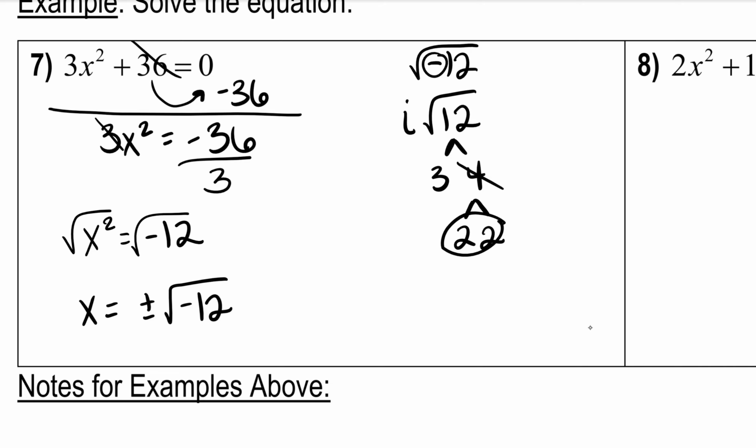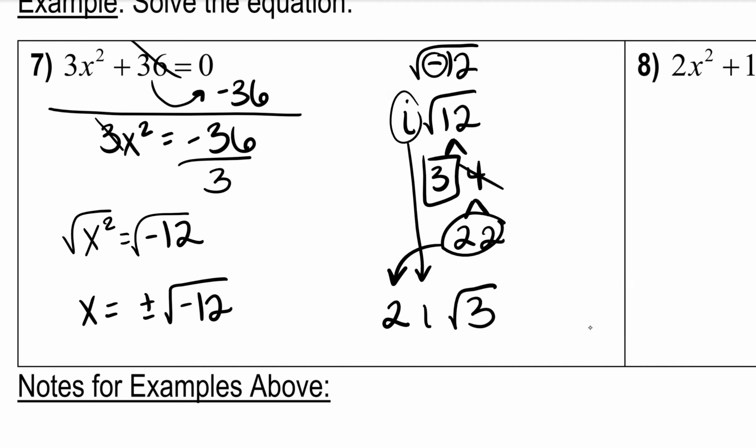So I have two 2's. Those come out. I have one 3, that stays in. My i also stays out because it was already there. And then I have my plus minus that goes in the front, because remember, anytime you add a square root, you have to do positive and negative. And that's my answer.